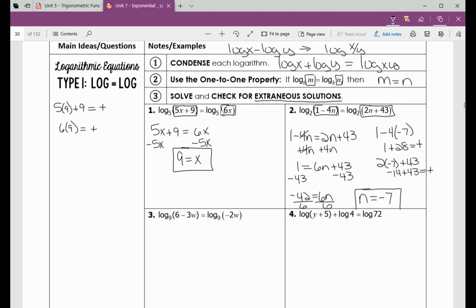All right, everybody got a calculator with the log button on it? I want you to see what you get when you type in log 6 versus log of negative 6.